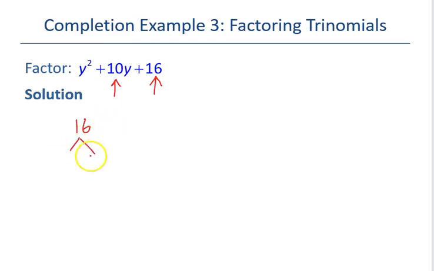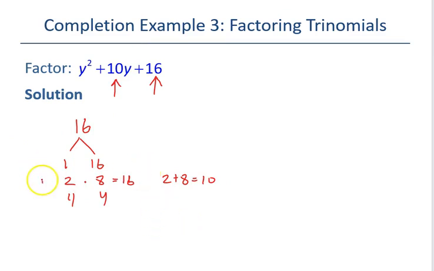So starting off, 1 and 16. Then we have 2 and 8, and then 4 times 4. Sometimes you can go pretty far with this. But notice right here, 2 times 8 equals 16, and 2 plus 8 equals 10.